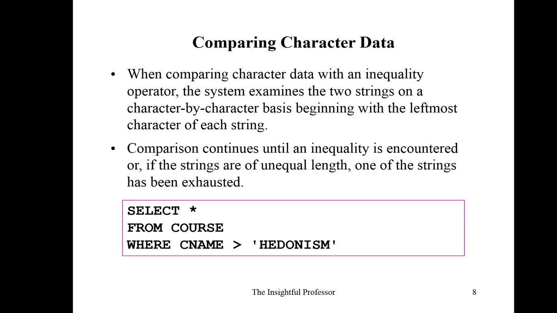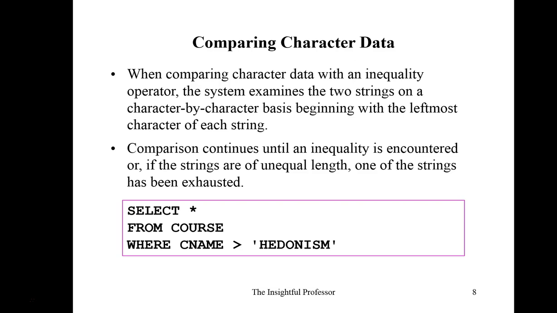So what we're asking here is identify those courses, those rows in the course table, where the name of the course, say alphabetically or in dictionary order, follows hedonism. We don't really think of one name as being greater than another name, but when you're dealing with character data, greater than and less than are referring to what would be called lexicographic order or dictionary order, putting the words in order according to the spelling.